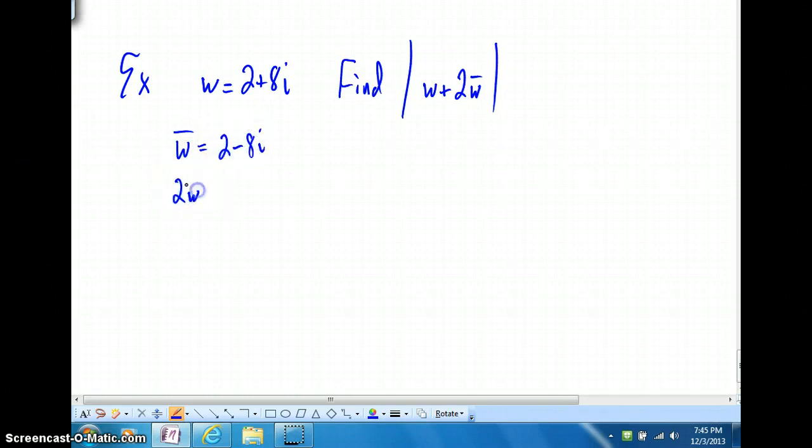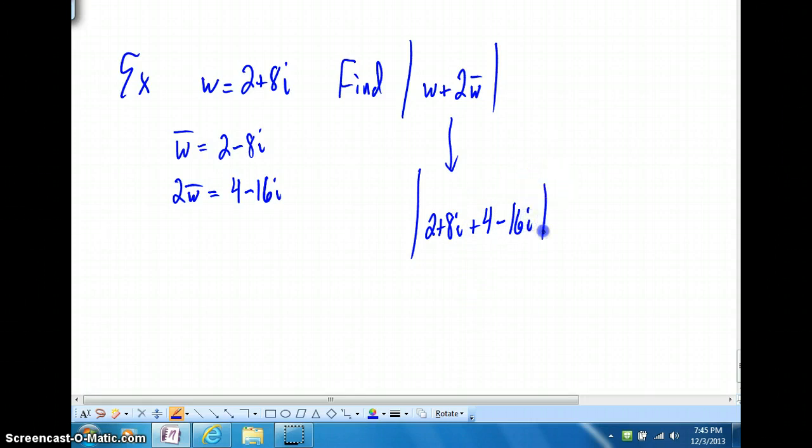And 2 times that conjugate is going to be 4 minus 16i. So if I were to work this out, w is 2 plus 8i, but 2 times the conjugate is 4 minus 16i. Adding inside, these are really still thought of as grouping symbols or parentheses. We could very quickly come up with 6 and then minus 8i.